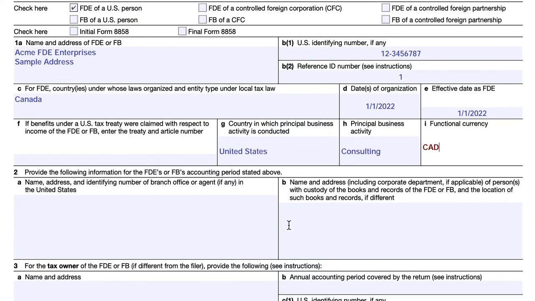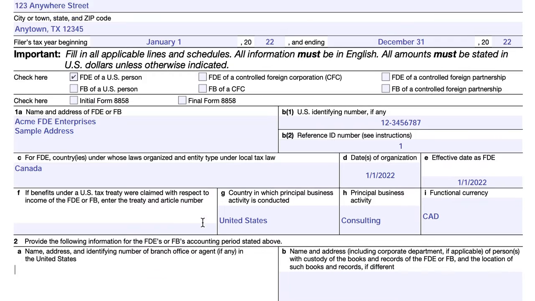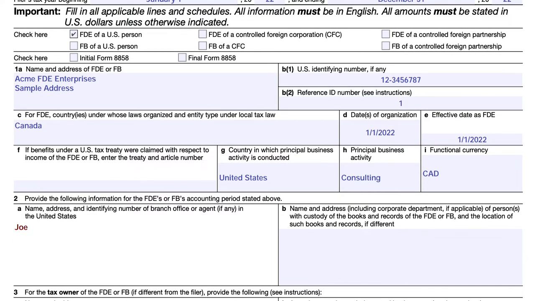So now we're providing information for the accounting period, the name and address and identifying number of a branch, office, or agent if there's any in the United States. We'll just say it's Joe Smith's office, and he's right down the road.